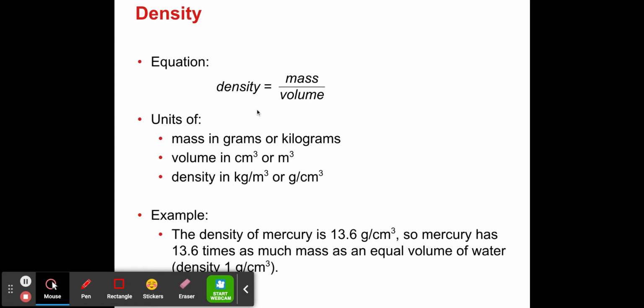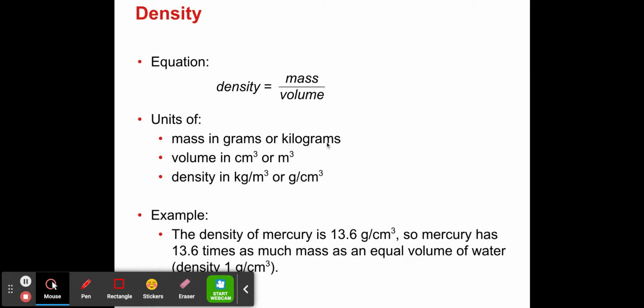How do we calculate density? Density is equal to mass divided by volume. So if we want to know the density of a substance, we take the mass, we divide it by the volume. And units of density, in order to obtain the unit for density, what we do is we take the unit of mass and we divide it by the unit of volume.